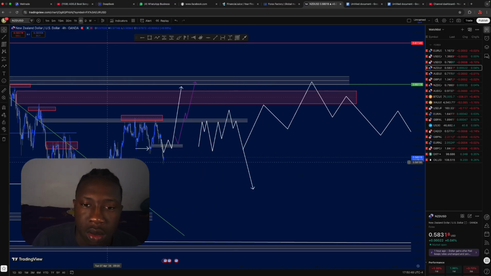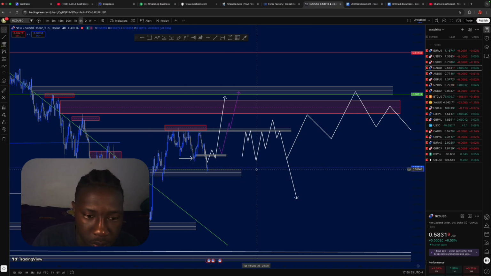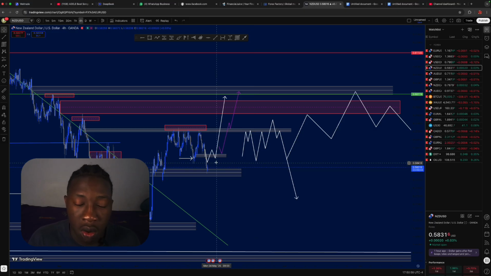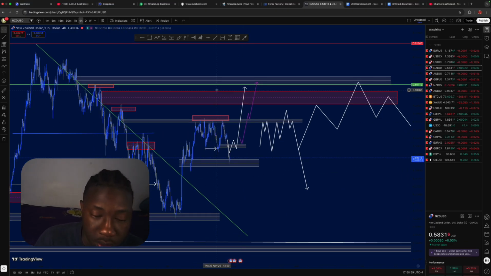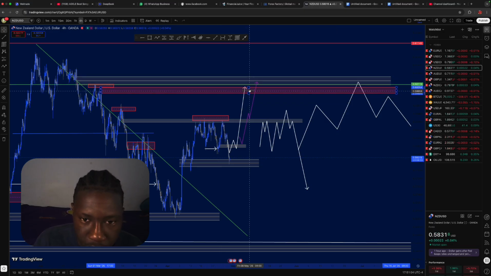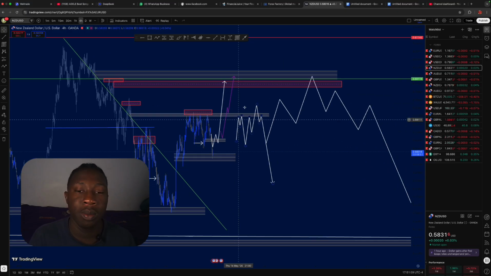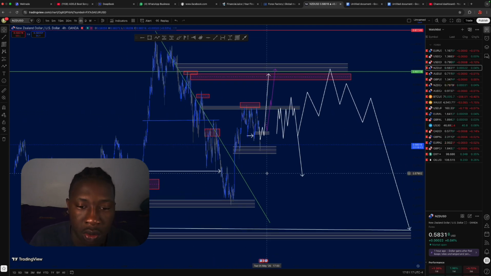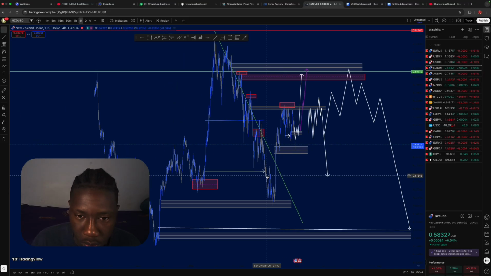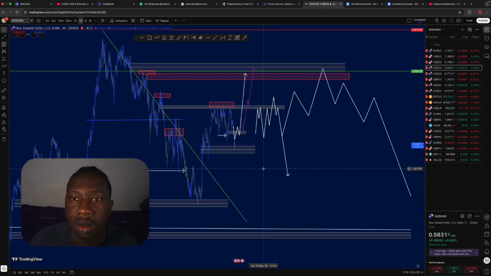Maybe if the market is retested to this zone, it is continuing moving to the upside, and then it will retest on this zone, and it will give us a pullback starting from this zone to the downside, not from any of these zones.